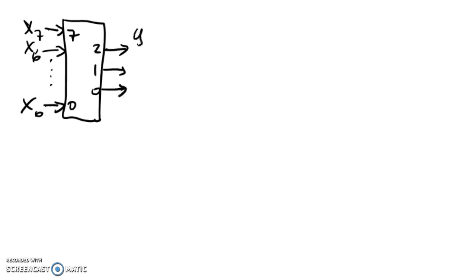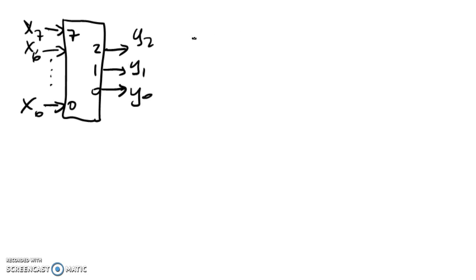It is a 1 of 8 code. So you've got x7, x6, etc., x0. So how many outputs are there? 3 outputs, denoted by y2, y1, y0.